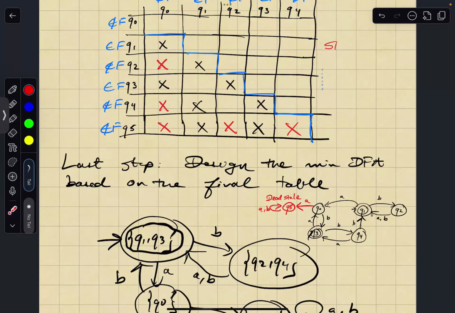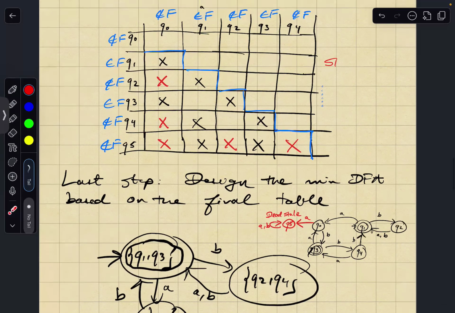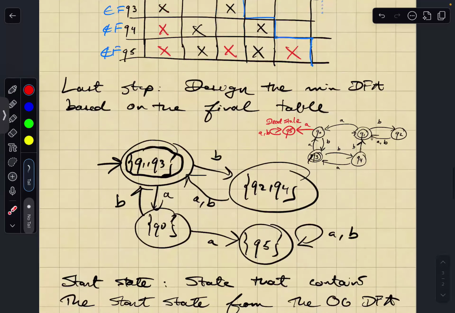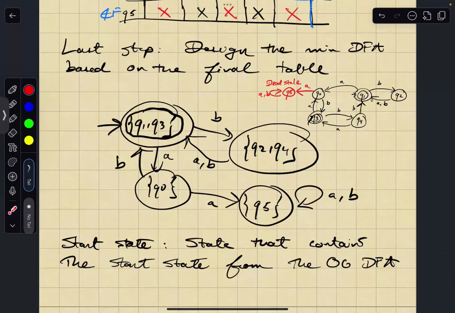You're never going to erase the marking.